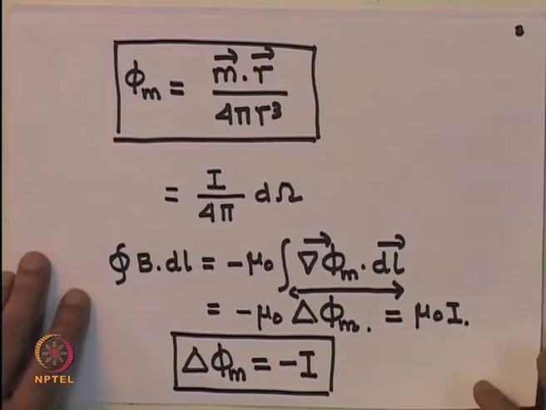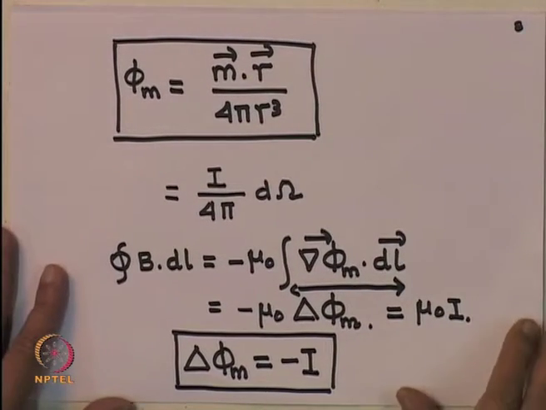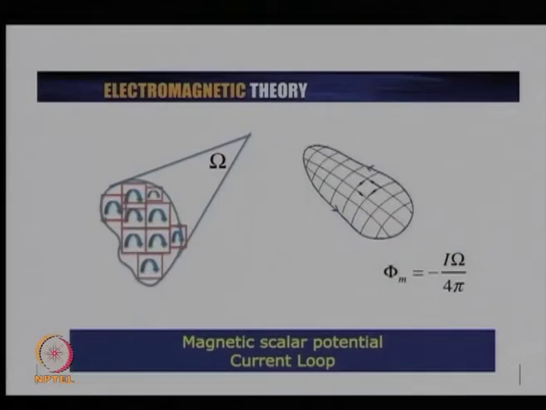Now, let us look at this then. So, what we have done is this, that here I have a current loop, arbitrary current loop. Now, I am looking at what is the scalar potential at a point like this. So, firstly, let me take this loop, I have shown it here on this picture. Now, I can divide this current loop into large number of small loops, each one of them behaves like a magnetic dipole.